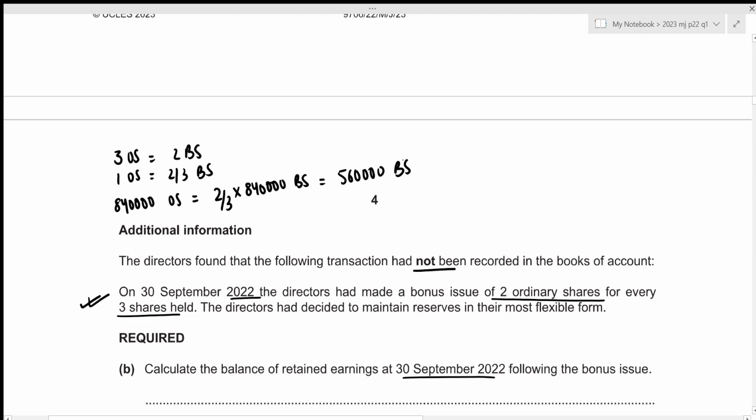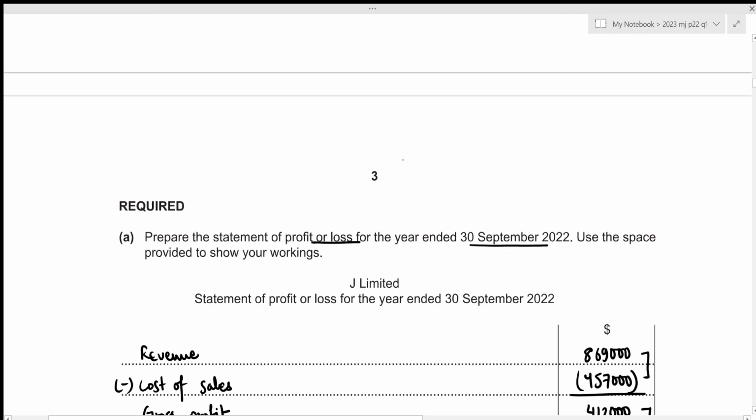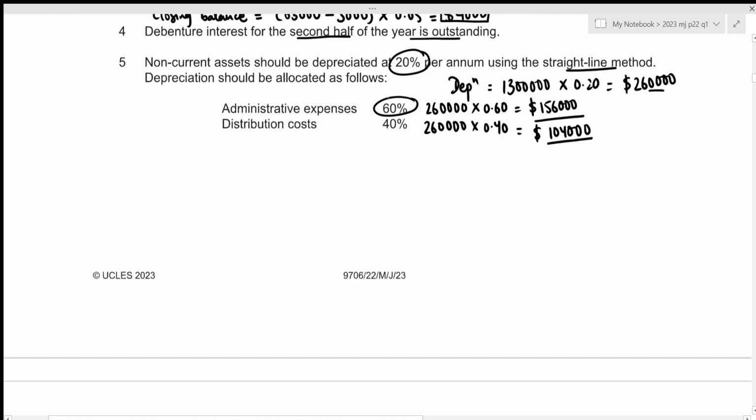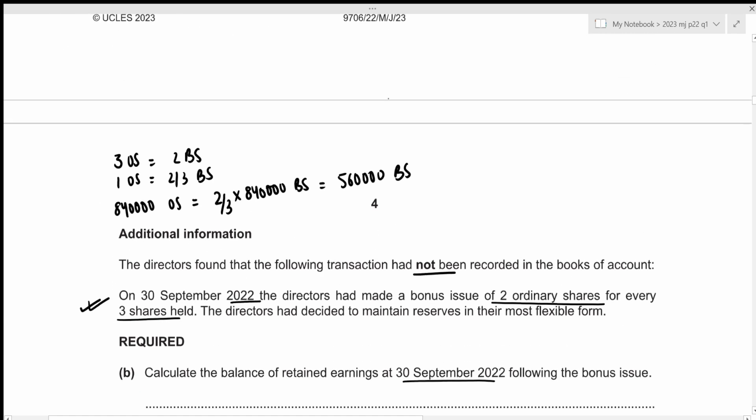And we know that the bonus shares can only be issued at the nominal rate, and our nominal rate for this question is 0.50. So the value of bonus issue is just going to be the number of shares, that's 560,000, multiplied by the nominal rate of 0.50, which results in the value of 280,000.